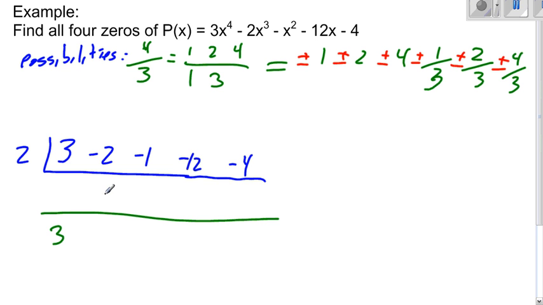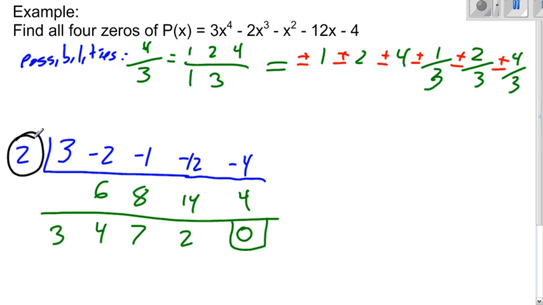Bring down, multiply, you get 6, add, you get 4, multiply, you get 8, add, you get 7, multiply, you get 14, add, you get 2, multiply to get 4, add to get 0. So we do have a remainder of 0, which means 2 is a 0.